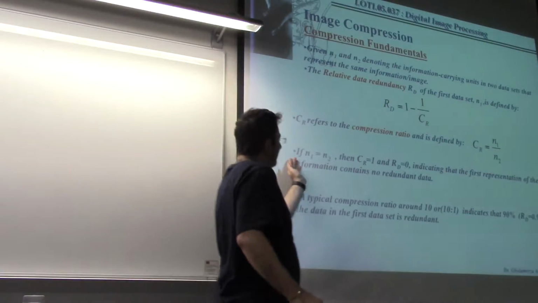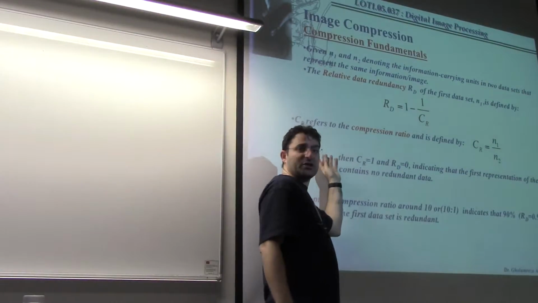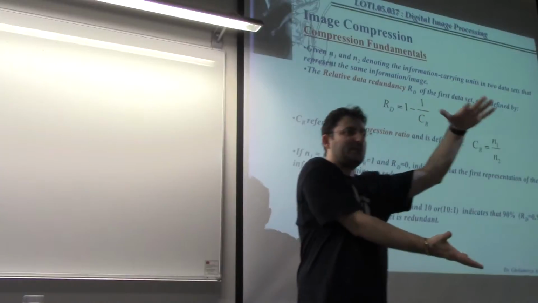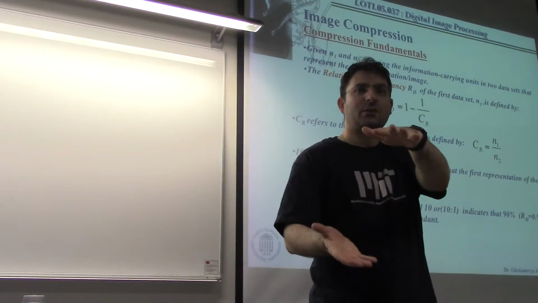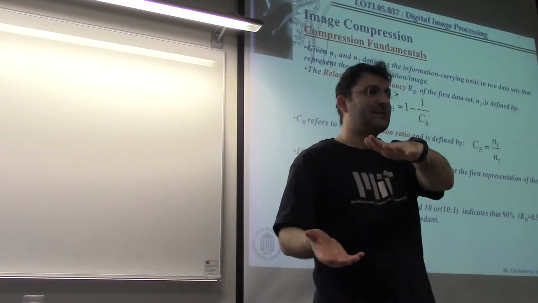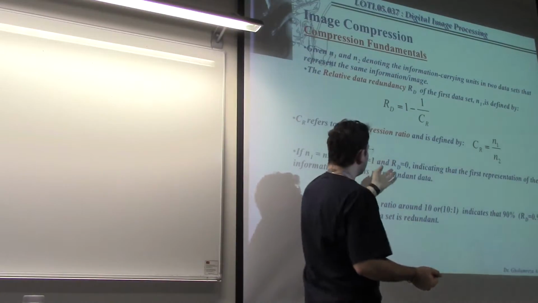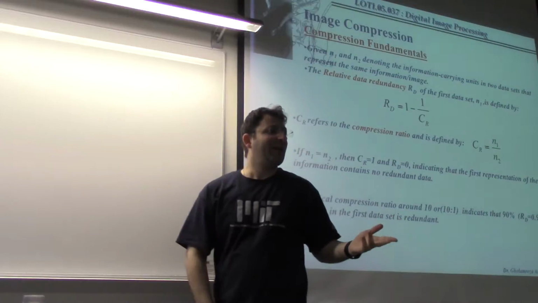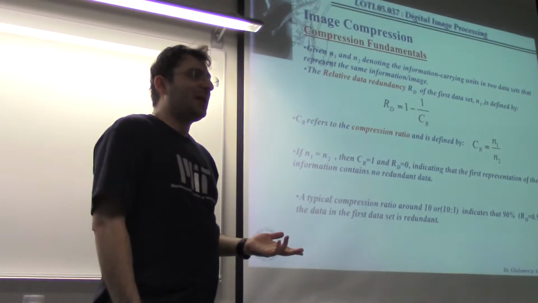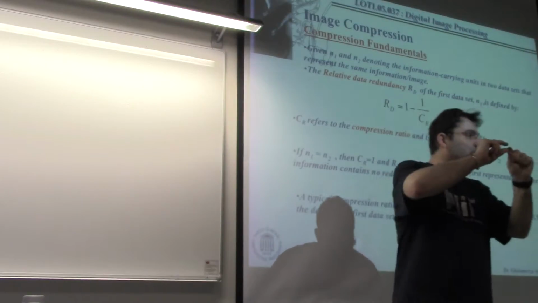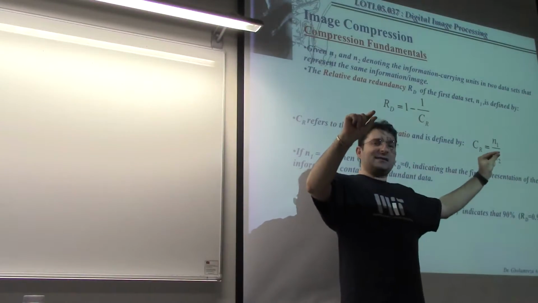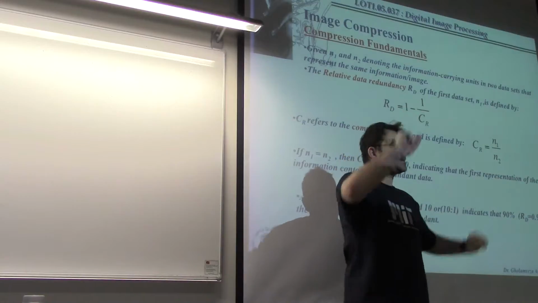Now, if there is no compression, in other words, the number of bits that you have in an image and the number of bits that you have after you try to compress it are equal to each other, it means there is no redundancy. Where can I have no redundancy? Imagine that you have an image, let's say one line, where each pixel has a different value.